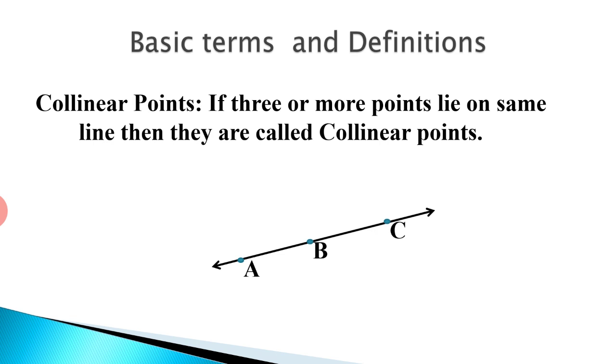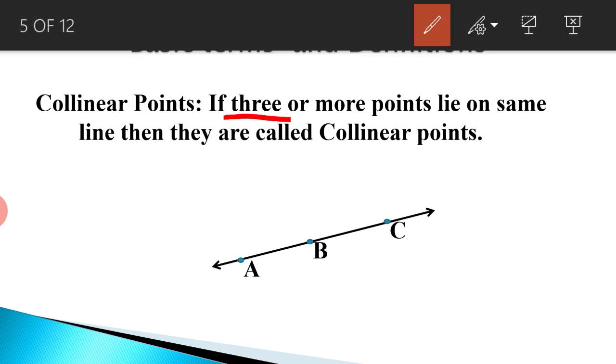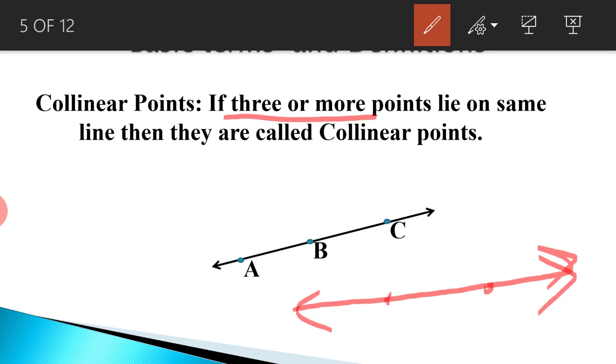Now why this condition of 3 or more? We have just seen that from 2 points there can be one line. One line can pass through given 2 points, isn't it? That means 2 points are always lying on a line, so they are always collinear. What about 1 point?